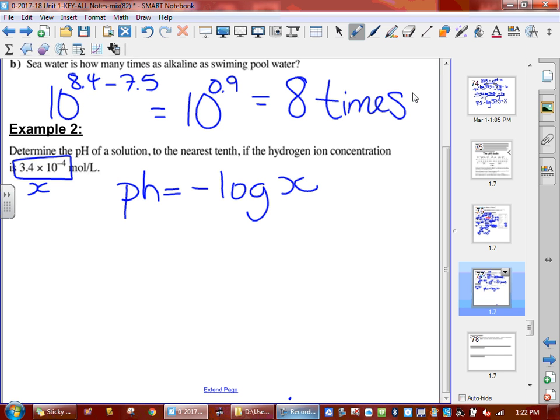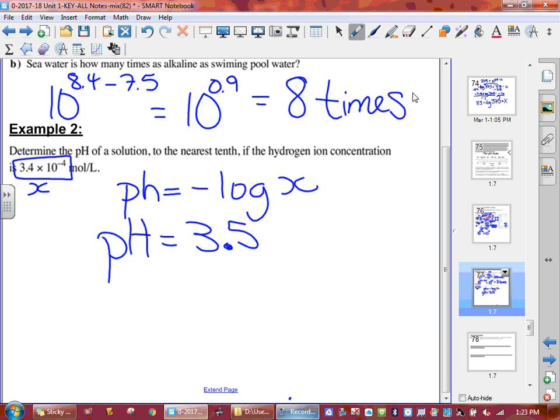Now, on the bottom, I'm going to show you how to do question 1, where it says, your turn, please try these. I need to show you how to do those ones because you don't have a question like that yet. So on the next page, this is a variation of that pH question.